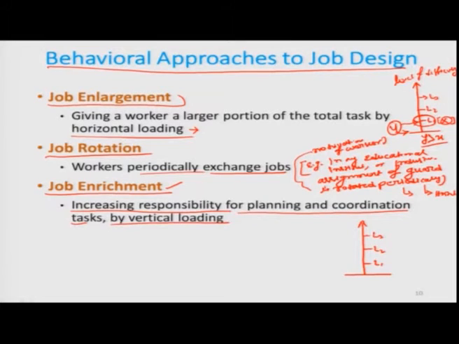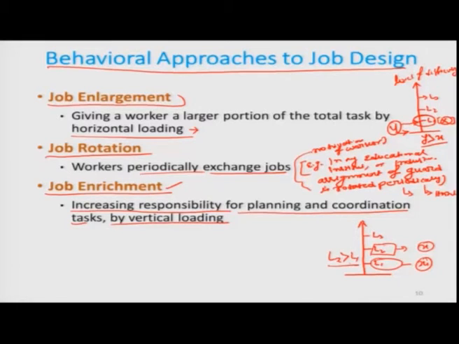Suppose a worker is working at level L1 and producing x amount of work. Now, if you assign him different work with a difficulty level of L2, where L2 is greater than L1, and the amount is the same or lesser than x, then that is called vertical loading of a worker.